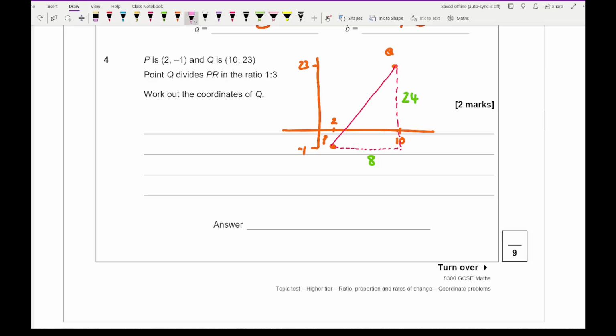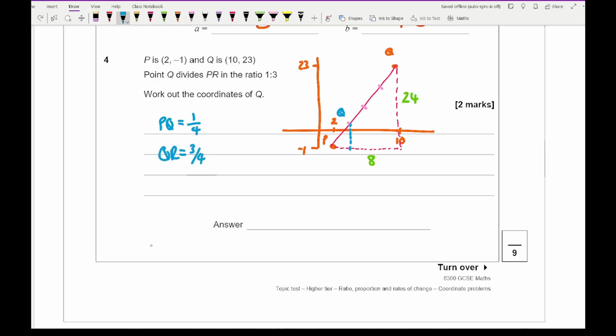So if I look at the line of PQ and I split that into quarters, then point Q is going to be here. So it's 1/4 of the points. This is what I need to find. We know that P to Q is going to be 1/4, and Q to R is going to be 3/4.